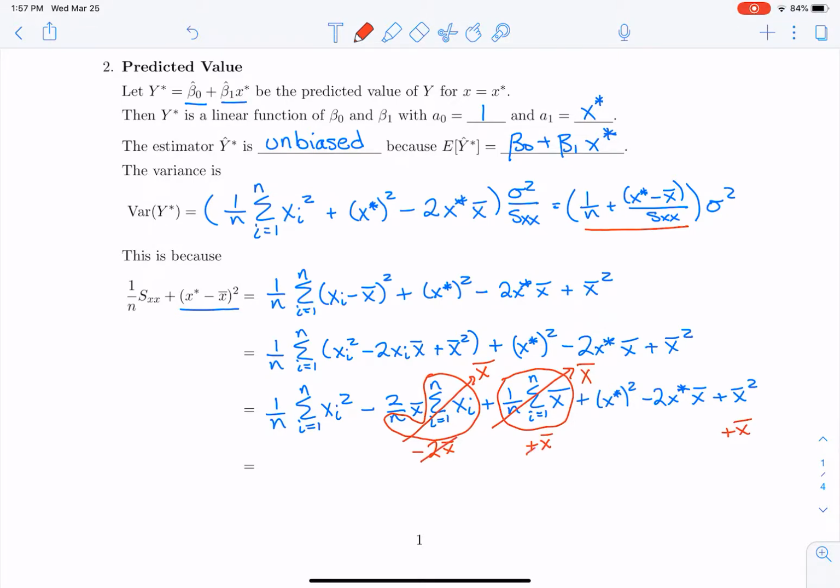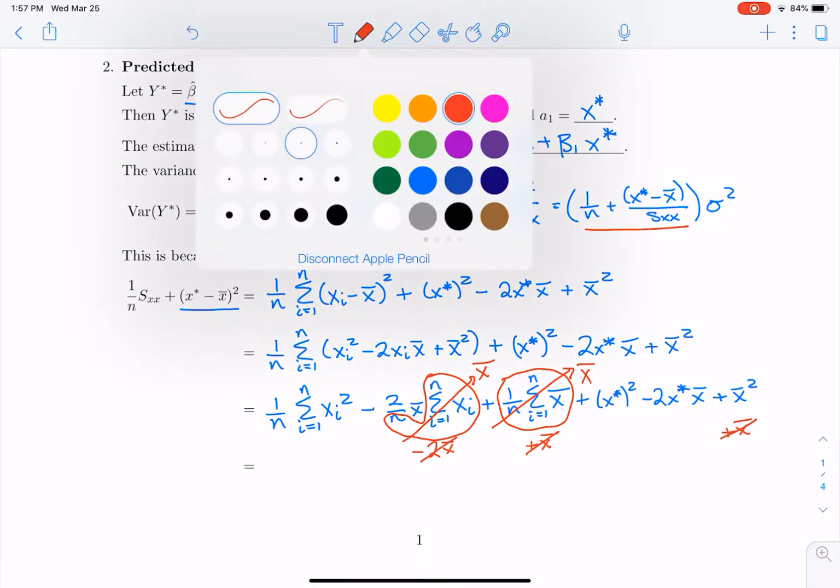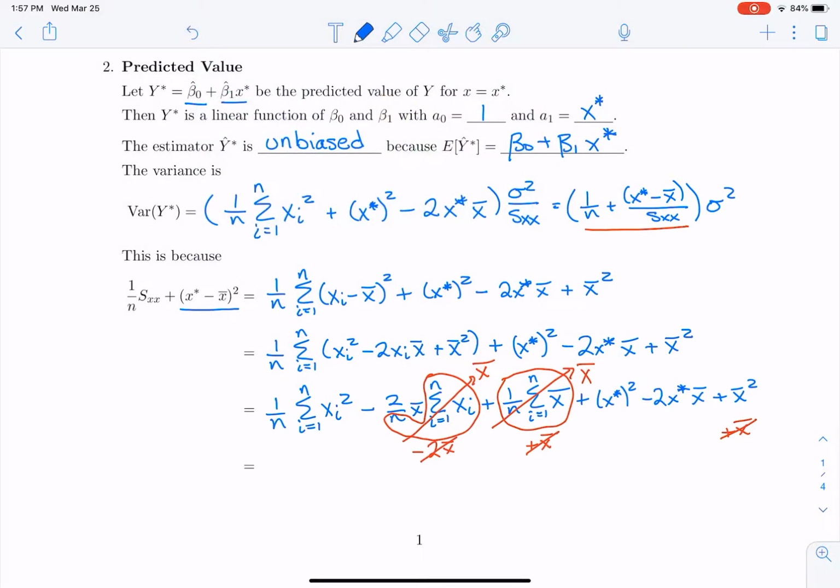And those three cancel. So what we're left with is 1 over n, sum from i equals 1 to n, x sub i squared, plus x star squared minus 2x star x bar, which is exactly what we wanted right here.